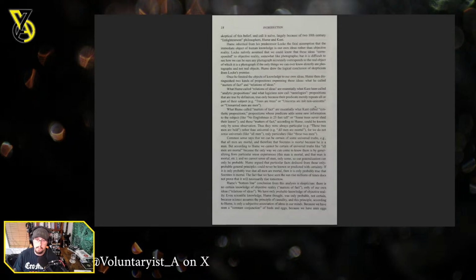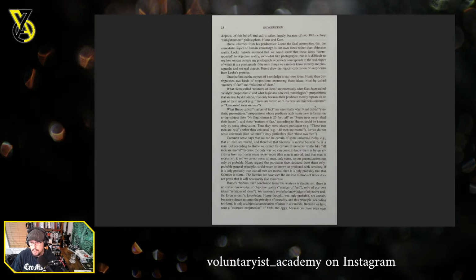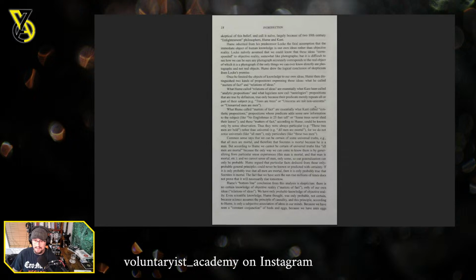What Hume called relations of ideas are essentially what Kant later called analytic propositions, and what logicians now call tautologies. Propositions that are true by definition, true only because their predicate merely repeats all or part of their subject, e.g., trees are trees, or unicorns are not non-unicorns, or unmarried men are men.